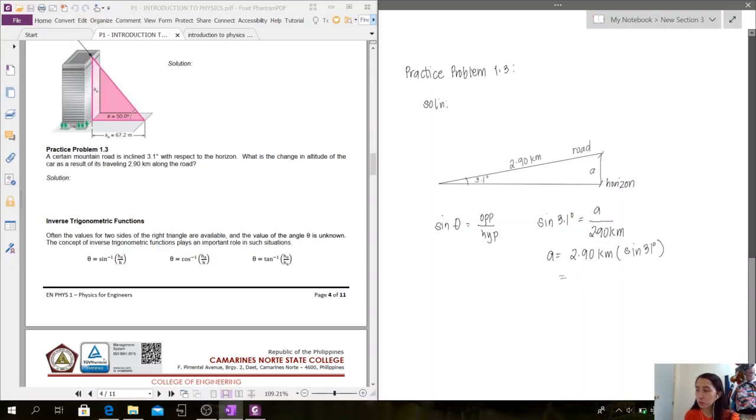So, that is equal to 0.1568 kilometers, or let's convert that to meters, 156.8286 meters. So this is the change in altitude.